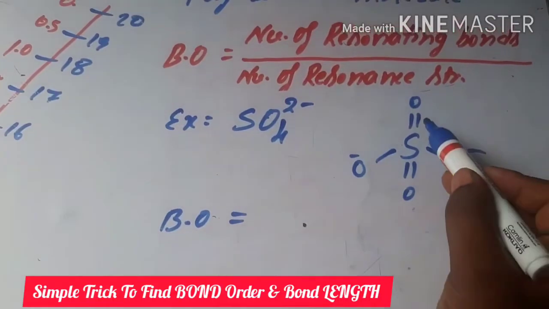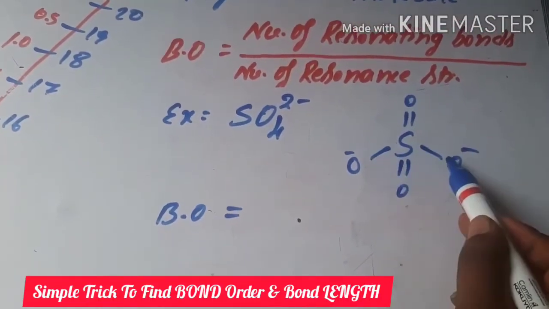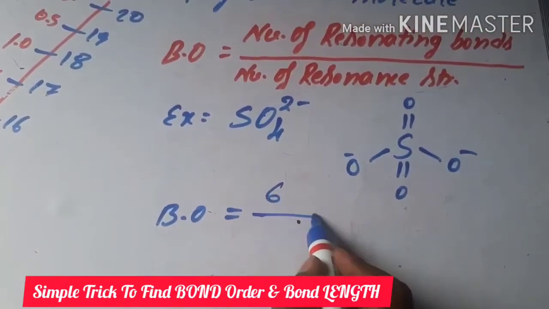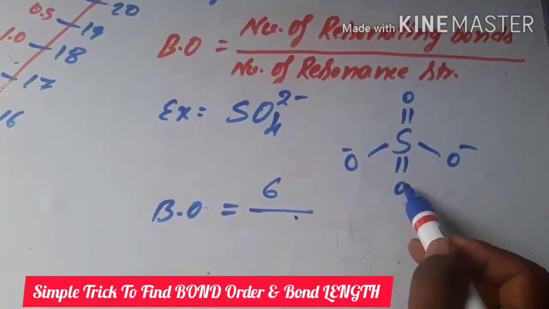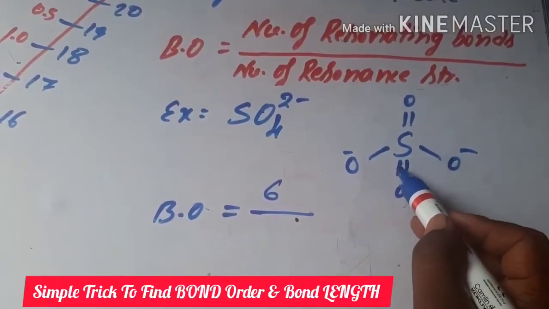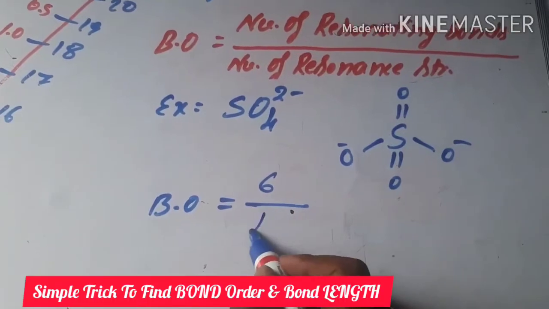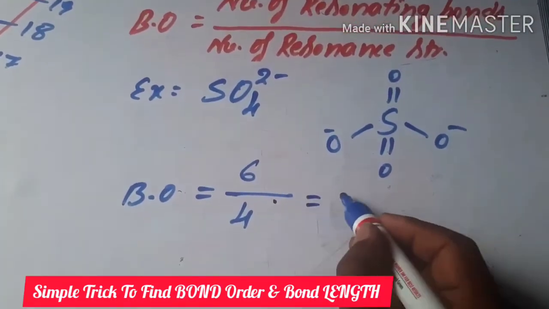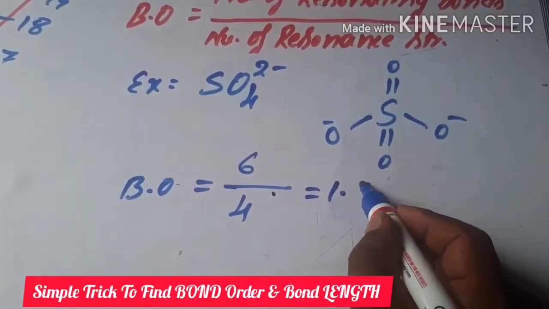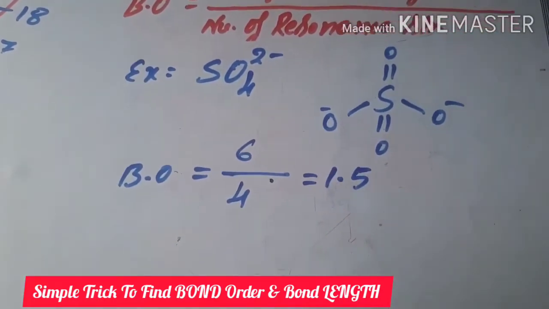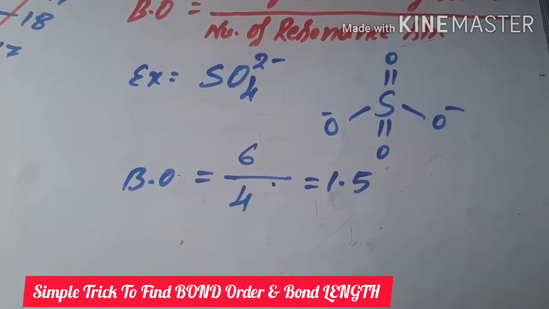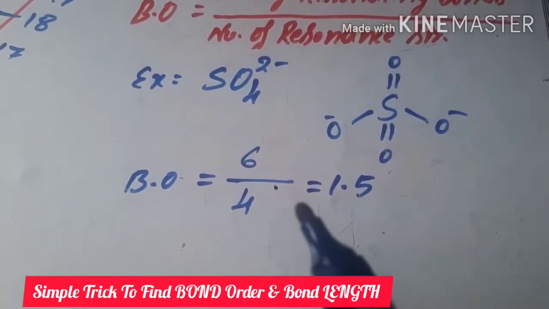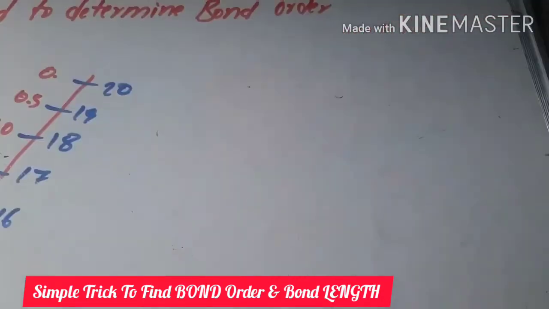So that is 2, 4, 5, 6. 6 divided by the number of resonance structures: 1, 2, 3, 4. 4 now. So therefore the bond order is 1.5. Like this you can determine bond order of polyatomic molecules.